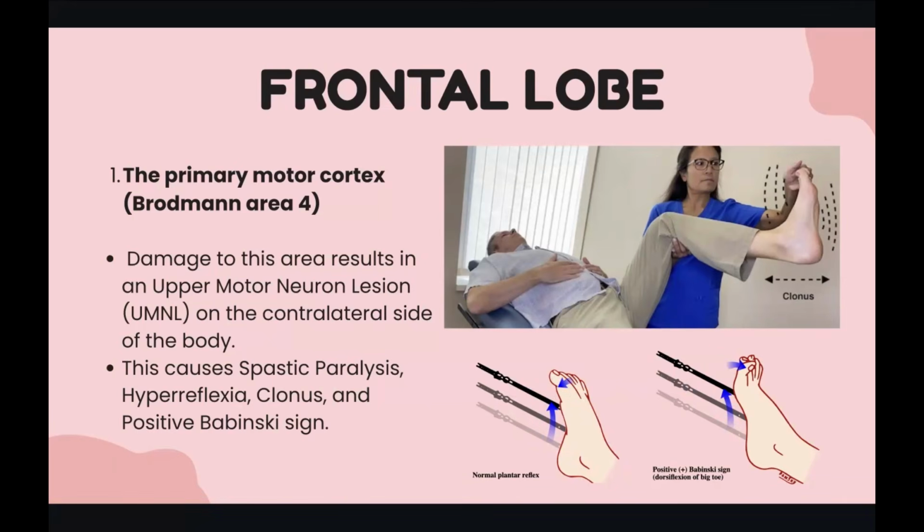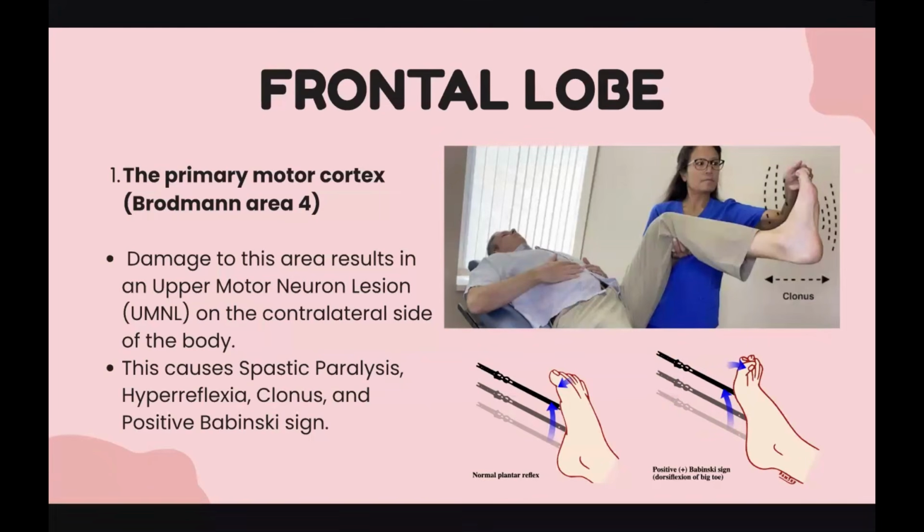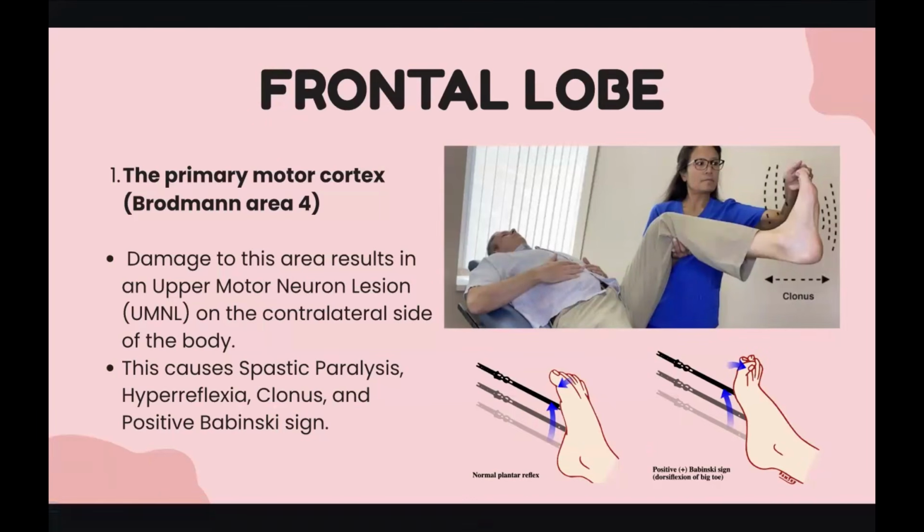So the toes will curl inward, all right? But if it's positive, which is abnormal, it will dorsiflex. So the toes of the feet will move towards the patient, not towards the other side, you get me?